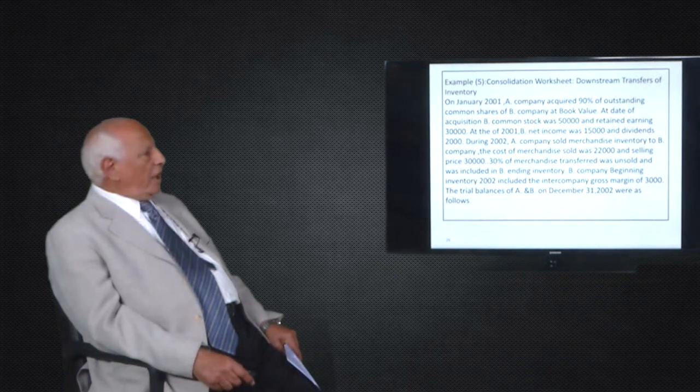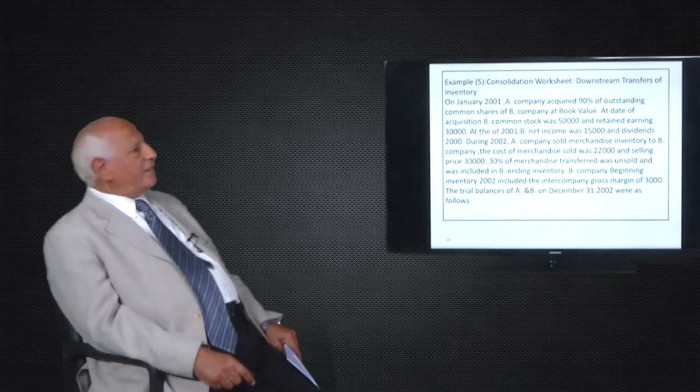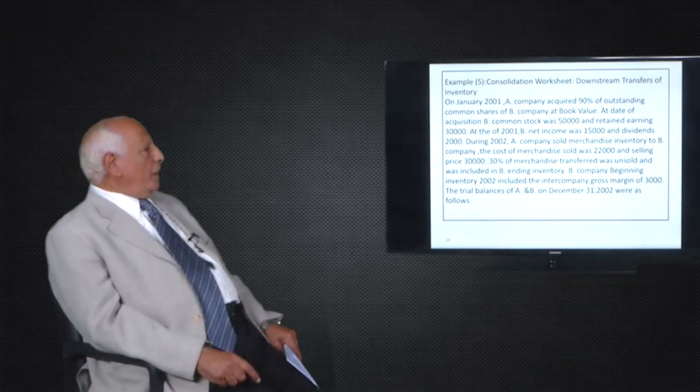A sold merchandise inventory to B company. How much is the selling price? 30,000. 30% of this merchandise was unsold and was included in B company's ending inventory. B company's beginning inventory 2002 included intercompany gross margin of 3,000, and they give you the trial balance.